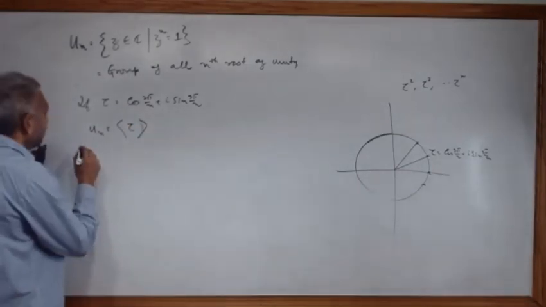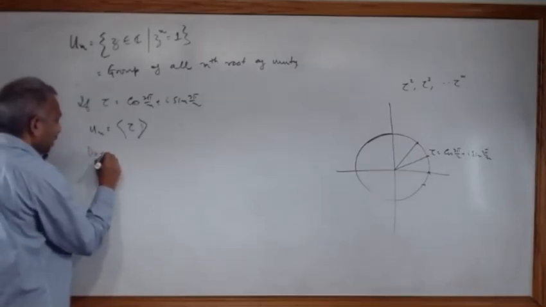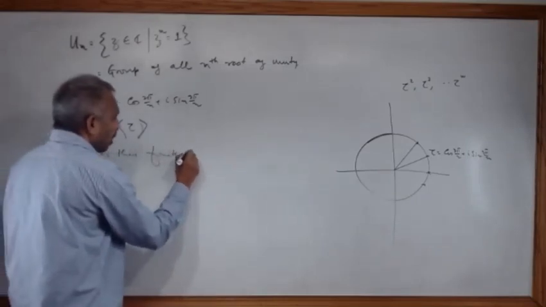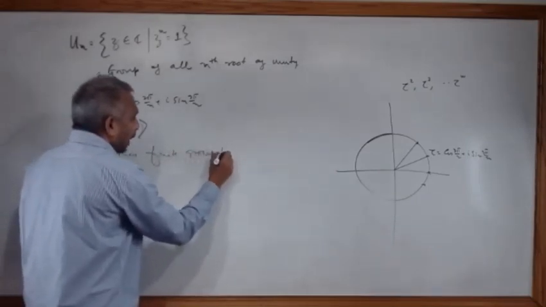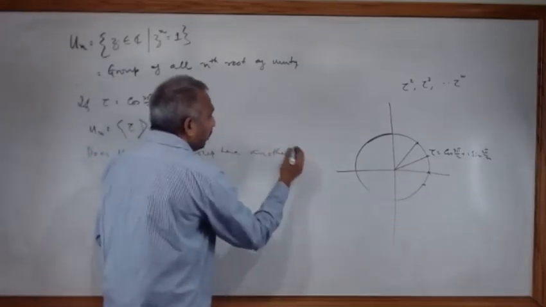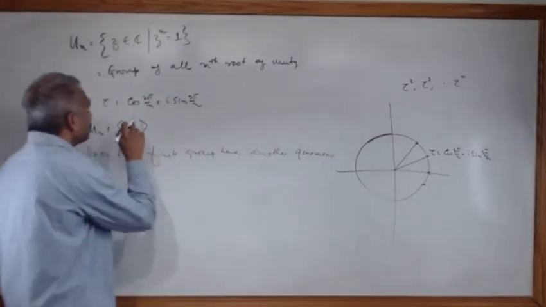Now the question is, does this finite group have another generator? One generator is always like this.